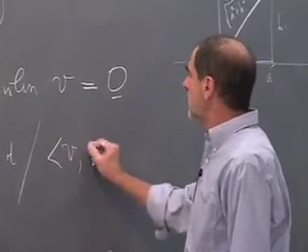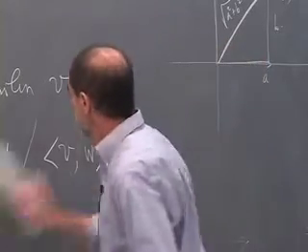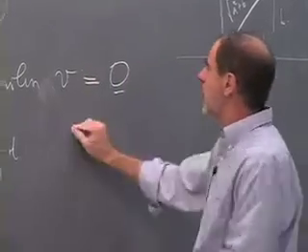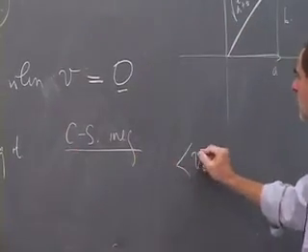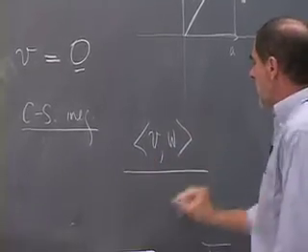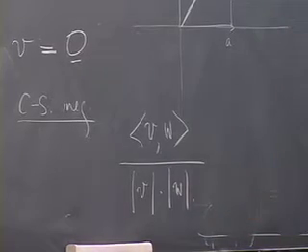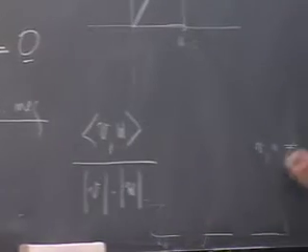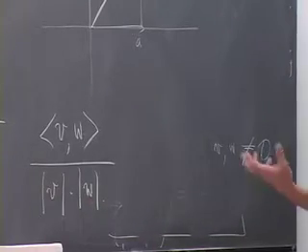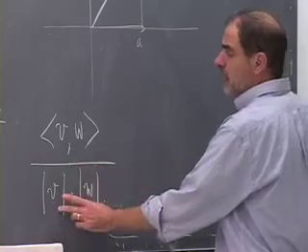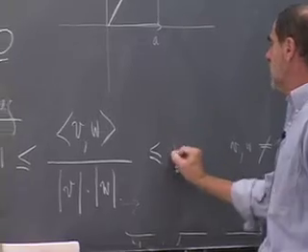There's something called the Cauchy-Schwarz inequality, which I won't prove here, that says that if you take the quotient of V·W by the norm of V times the norm of W, assuming that V and W are both non-zero vectors, so that these norms are non-zero and you can divide by them, you get a real number. This real number lies between -1 and +1.